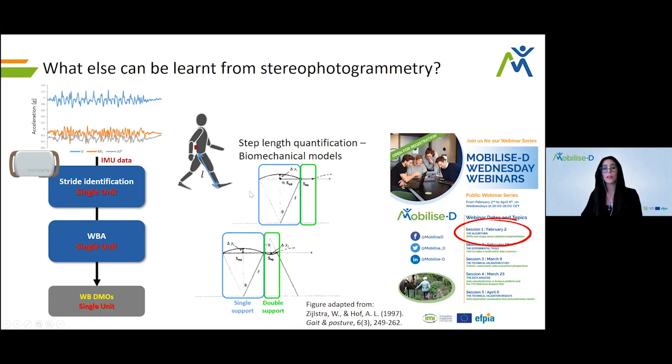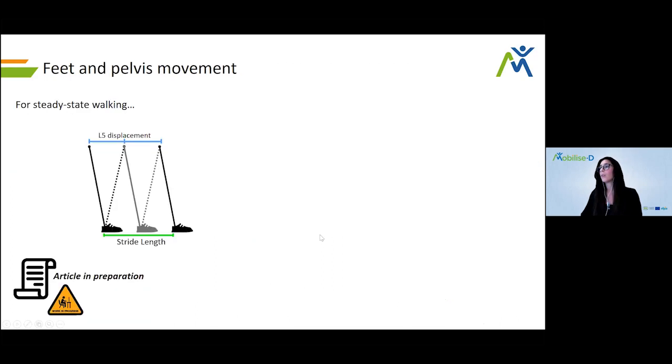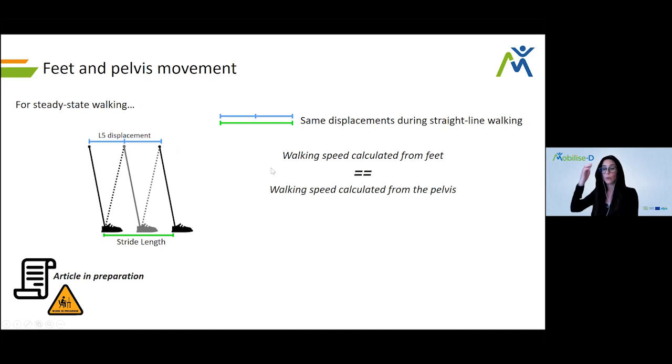proposed looking at steady state walking. In this case, specifically people who are walking on a treadmill. So for the steady state walking, we can assume that the displacement of the foot is going to represent exactly the displacement of the pelvis in the same instant of time. So if we are going to calculate the walking speed either from the feet or from the pelvis, the quantification is going to be exactly the same.